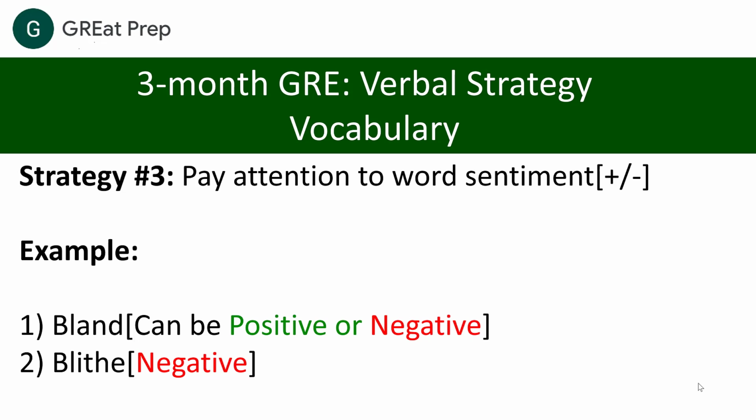Now, blithe usually has a negative sentiment associated with it. And there are ways for you to understand why blithe has a negative sentiment. But the goal of this slide here is just to tell you that there are words like blithe which can have a negative sentiment and you need to be aware of that.